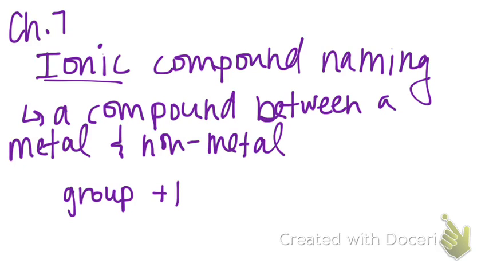If group 1 elements all have 1 valence electron, that's what we agreed on. Is it easier for that group of elements, let's look at sodium, for example, sodium has 1 electron in its outermost shell, and it wants to have 8. That's called an octet.